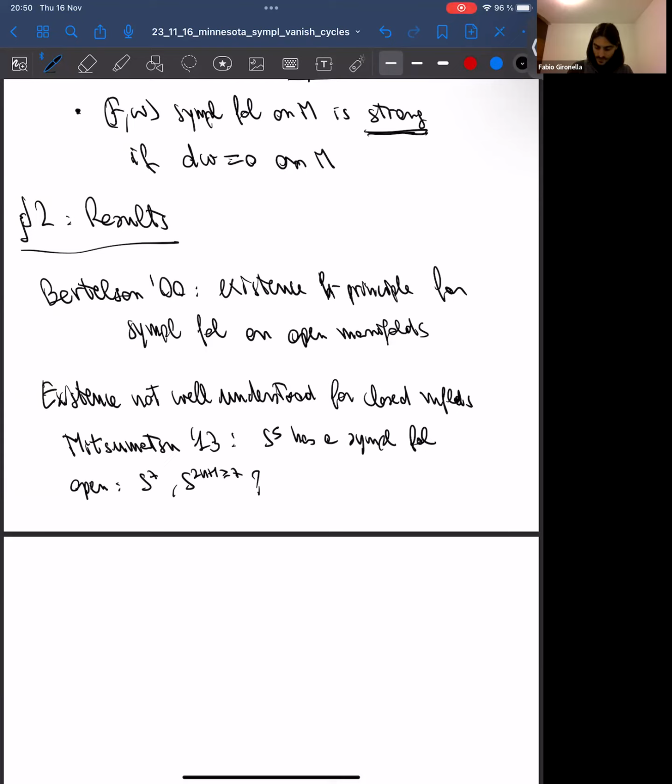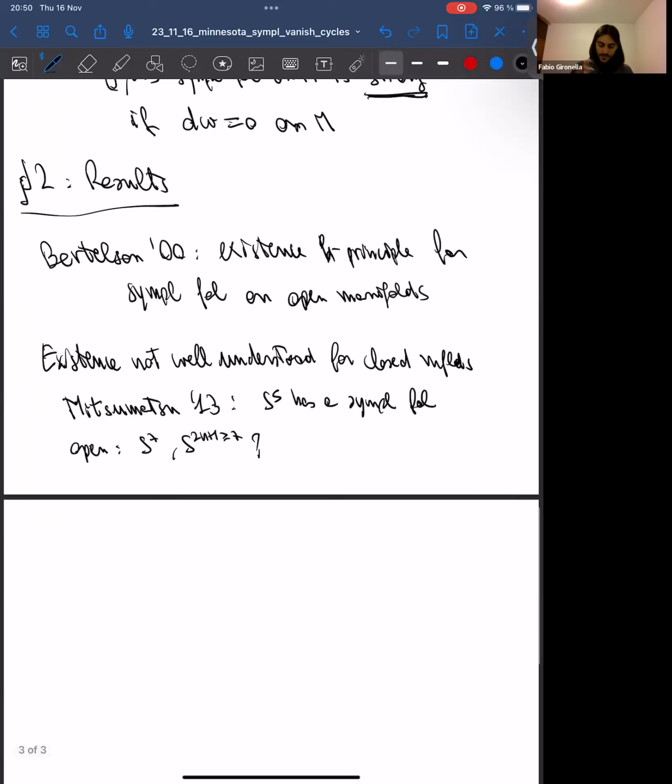So it's a big open problem whether in higher dimensions you can say something in general as well. There are of course some constructions, for example the product of S^1 times a closed symplectic manifold obviously always admits a symplectic foliation, and there are constructions like round fiber sums and so on. But we are far from having an existence h-principle on closed manifolds, for example.